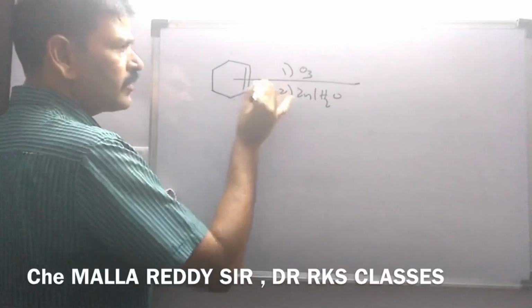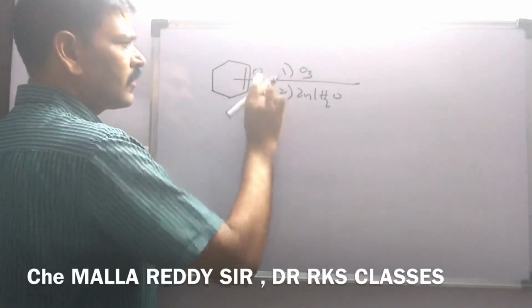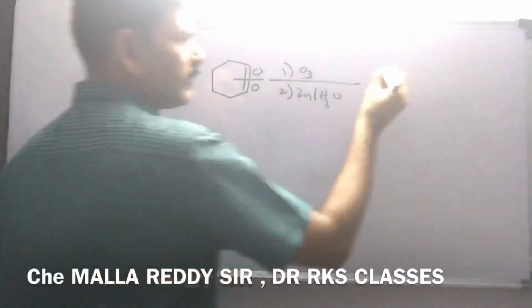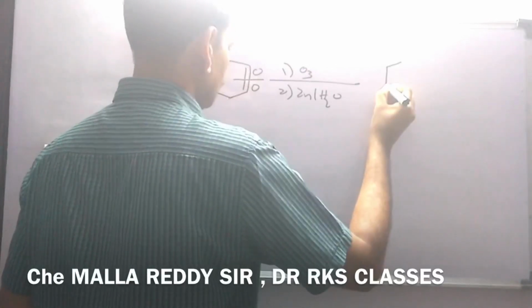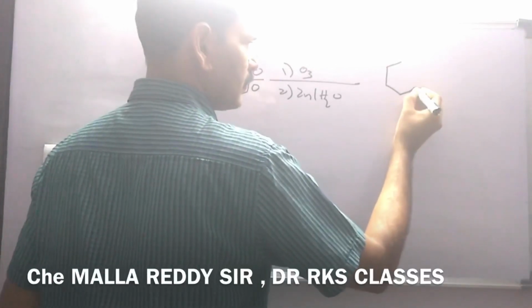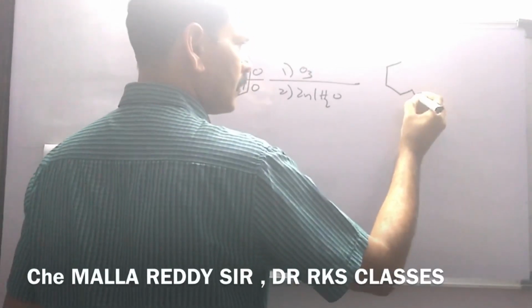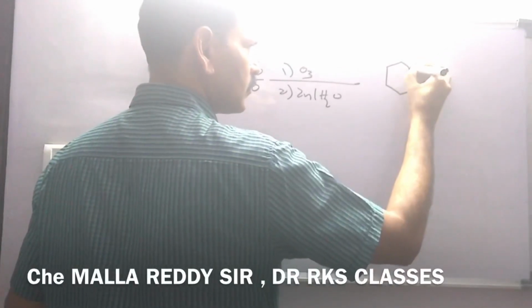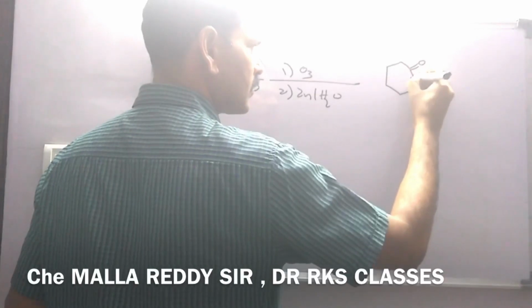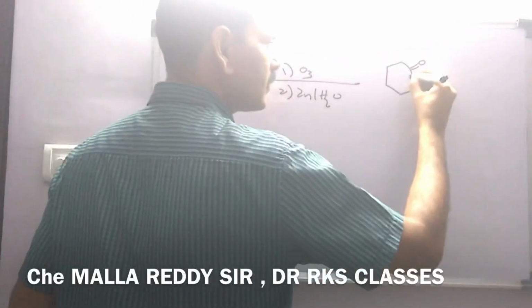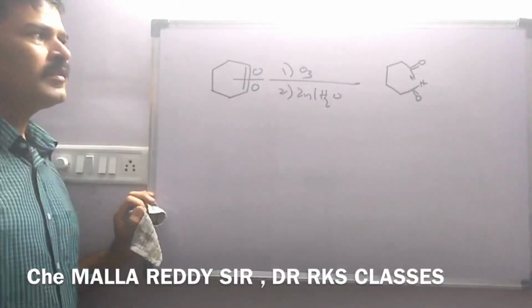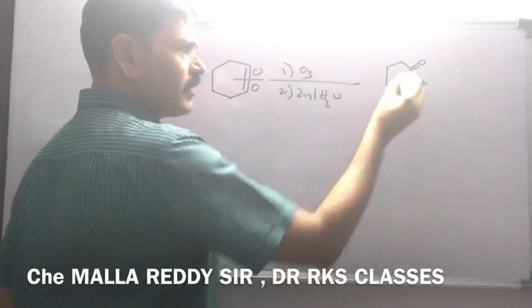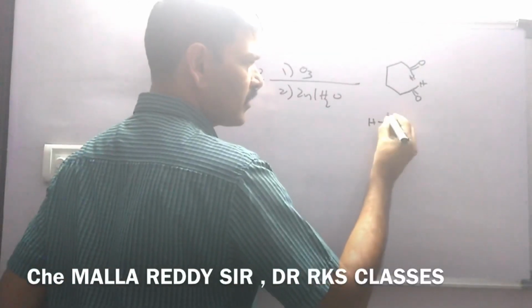Breaking up this one, oxygen and oxygen, so you are getting double bond O H, here also double bond O H. Aldehydes are obtained.